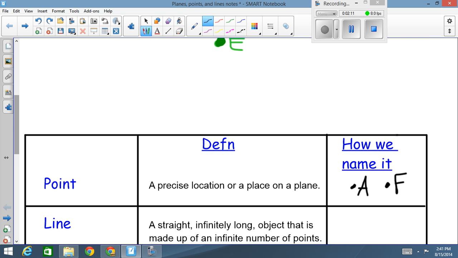A line is a straight, infinitely long, those are the key words there, a straight, infinitely long object that is made up of an infinite number of points. So the key about a line is that it does not end. Okay, lines do not end.